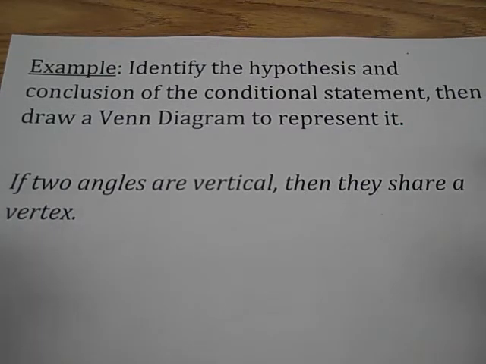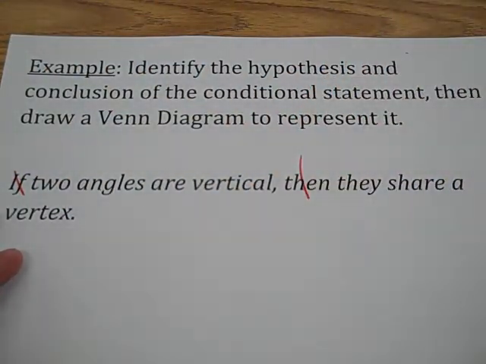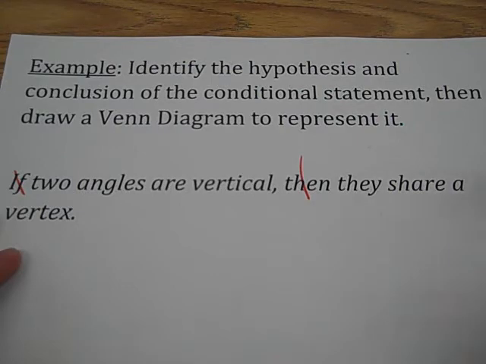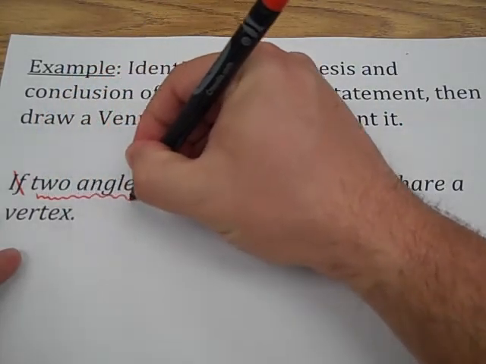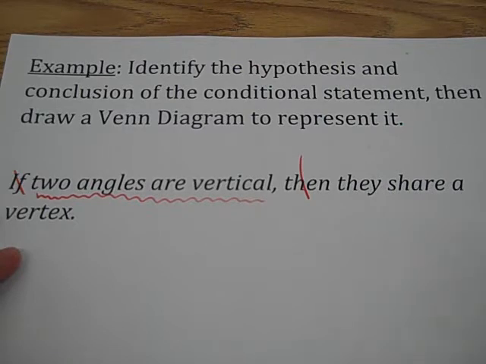So if and then are not part of the hypothesis or the conclusion, so you might just cross those out. The hypothesis is the stuff between the words if and then. So two angles are vertical. That's my hypothesis. The conclusion is all the stuff that comes after the word then.